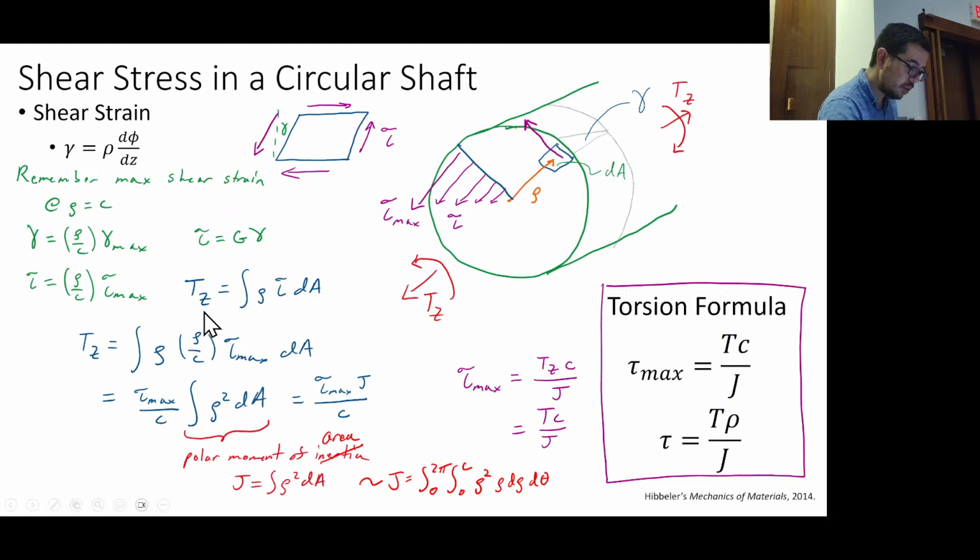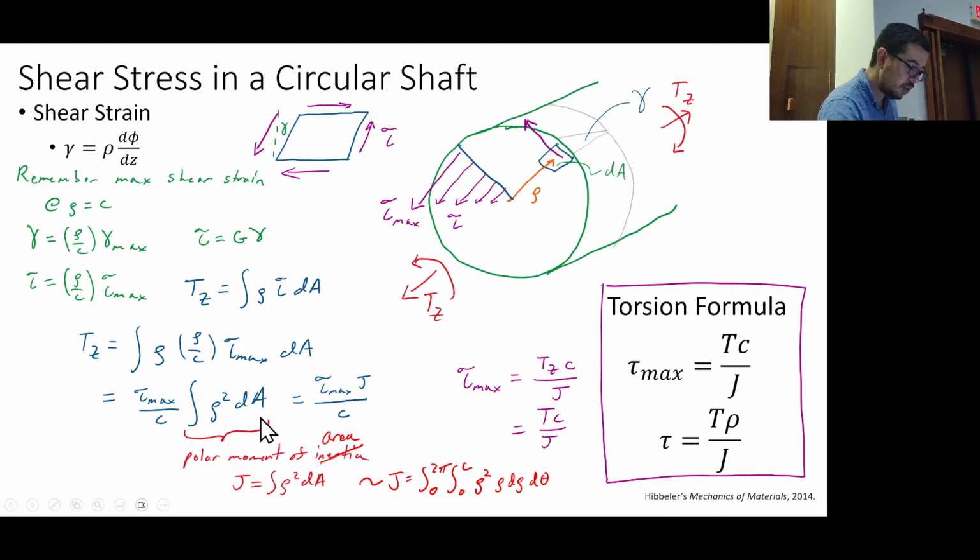So now we can say that the torque is equal to this equation, and we can substitute in this tau here. It's going to be rho over c times tau max dA. We have c and tau max as constants. We have rho here times rho there, so that becomes rho squared dA.